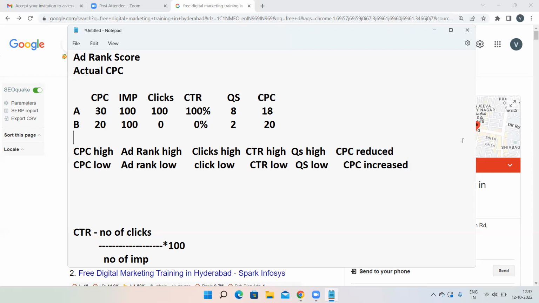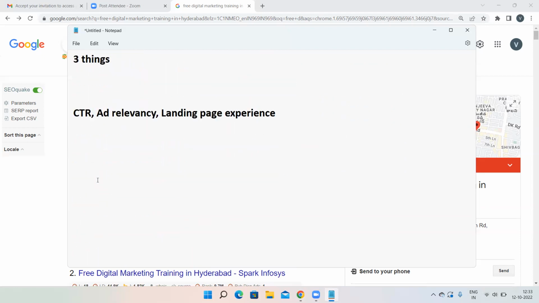Ma'am, I wish to ask: someone who targets random keywords would automatically have random clicks and maybe a high expense in his budget.